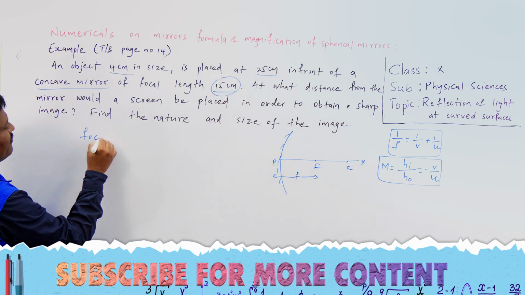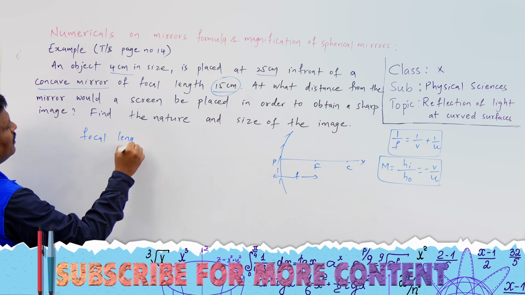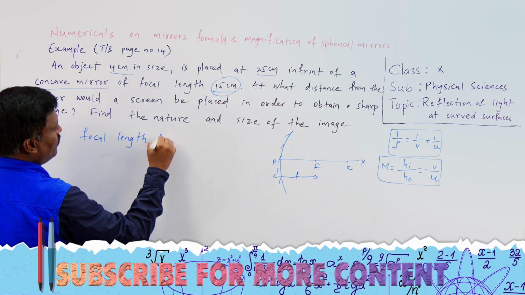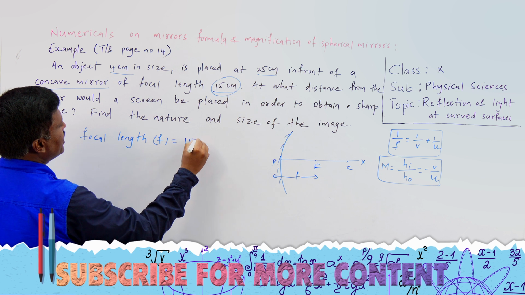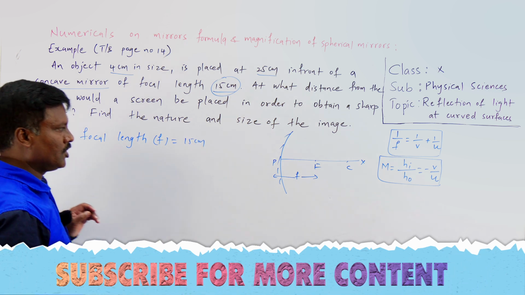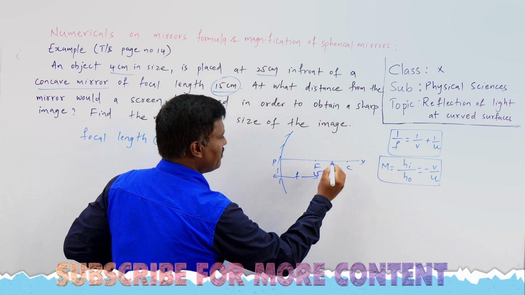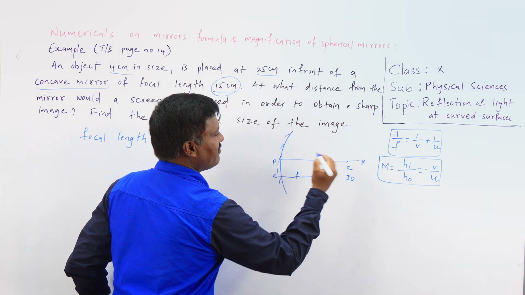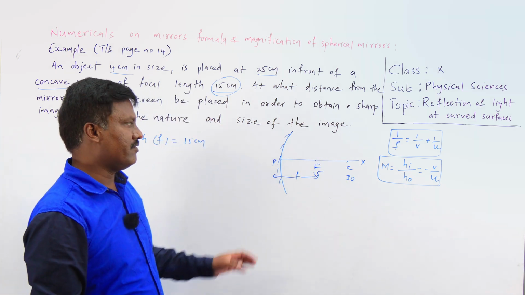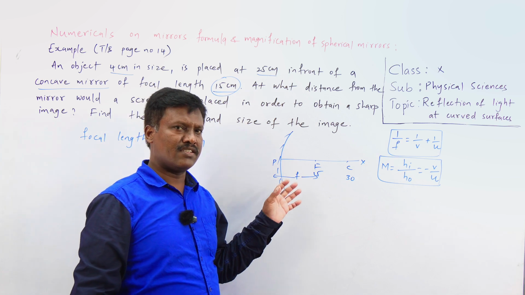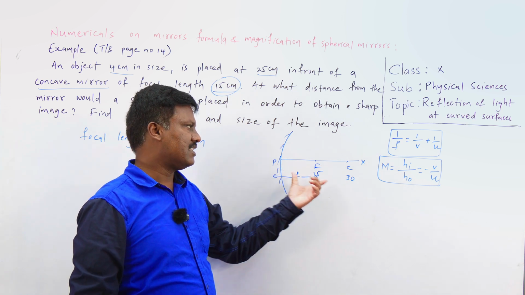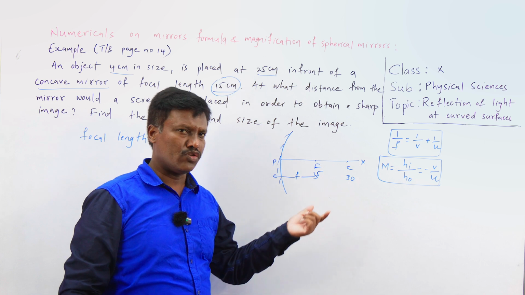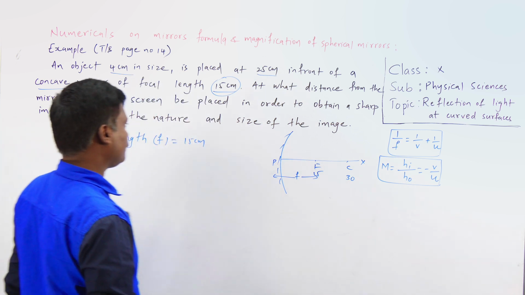Very important, first you have to find what is given. Focal length is given, that is 15 centimeters. So up to here 15 centimeters, then up to the center of the curvature will be 30, because we already discussed this relation: this is focal length, this is radius of curvature, r is equal to 2f, f is equal to r by 2.